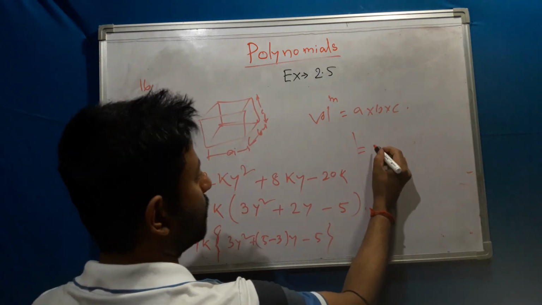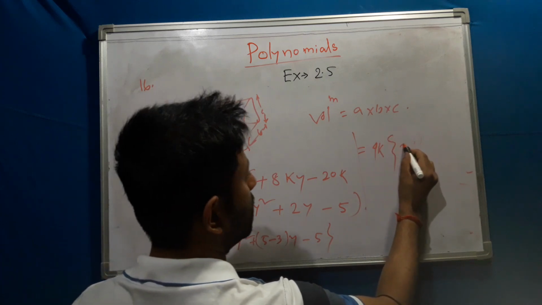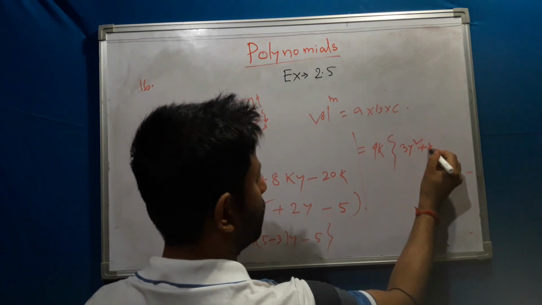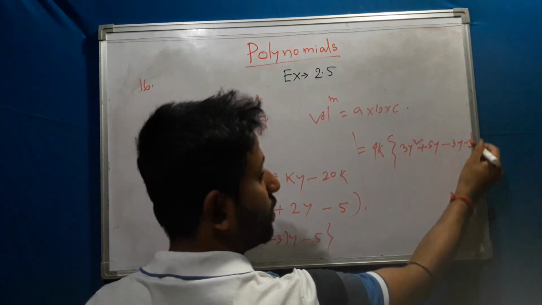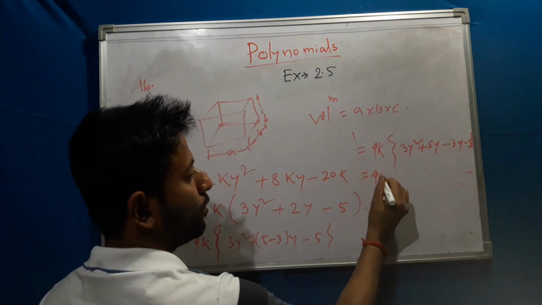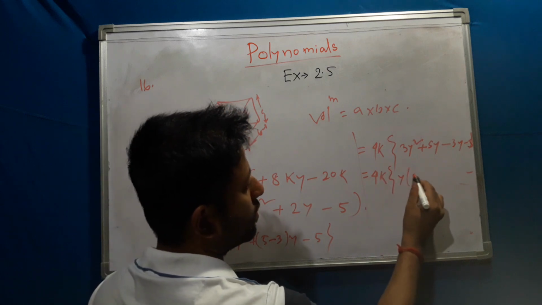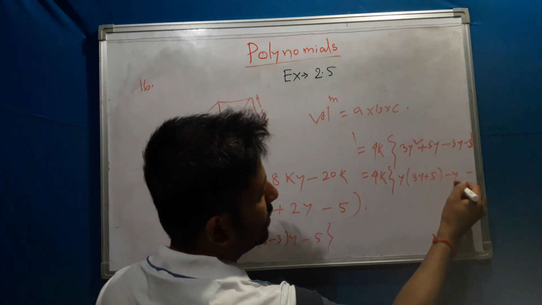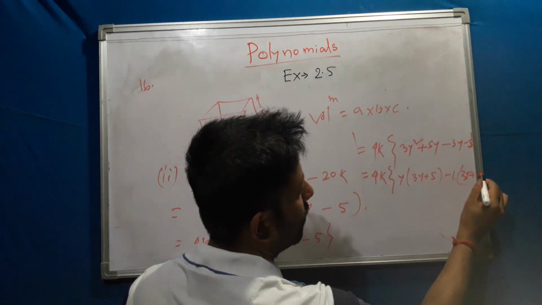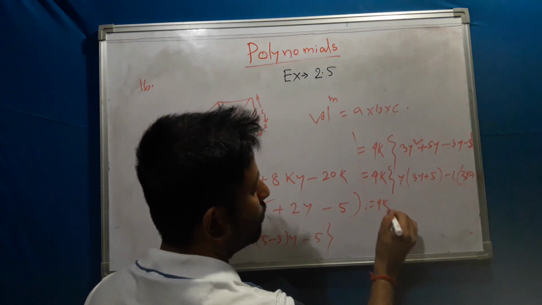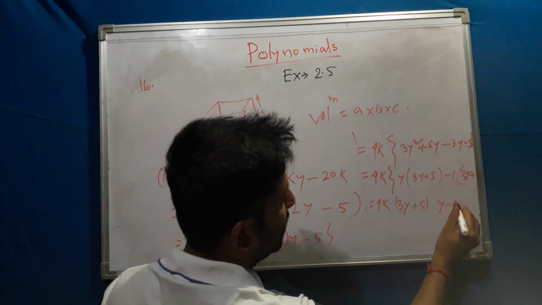So it becomes 4k(3y² + 5y − 3y − 5). Now taking y common, 3y + 5, and taking −1 common, 3y + 5. So this comes 4k(3y + 5)(y − 1).